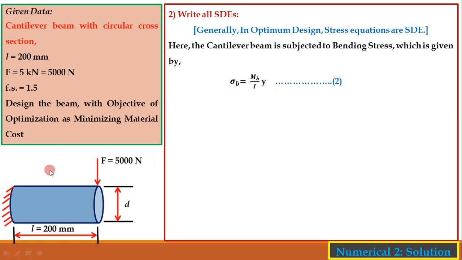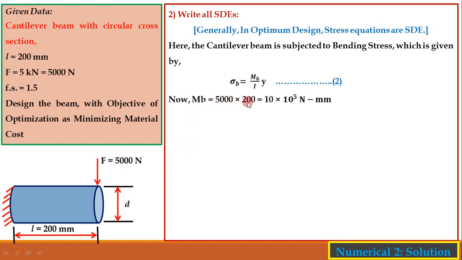That equation is sigma b equals Mb upon I into y, equation number 2. Now we have to find and replace the value of Mb, I and y in this equation number 2. Let us find out Mb first. Mb, bending moment, is maximum at the fixed end, and its value is F into L, that is 5000 into 200.